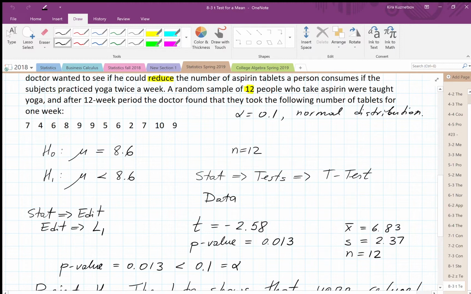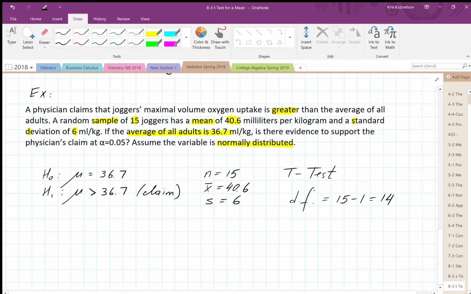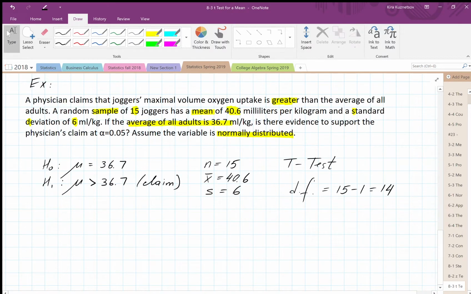So if n is equal to 12, the degree of freedom has to be 11. Don't worry about remembering the steps, because all of the steps are going to be outlined and given to you during the test, and it's a handout that is available to you on Canvas.